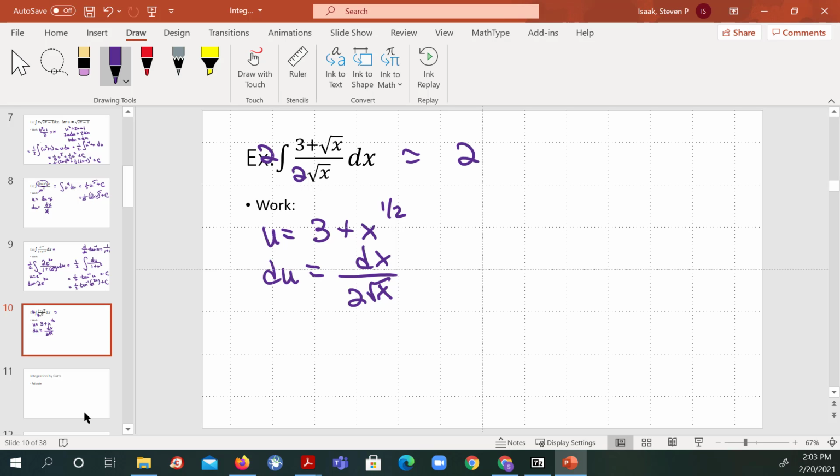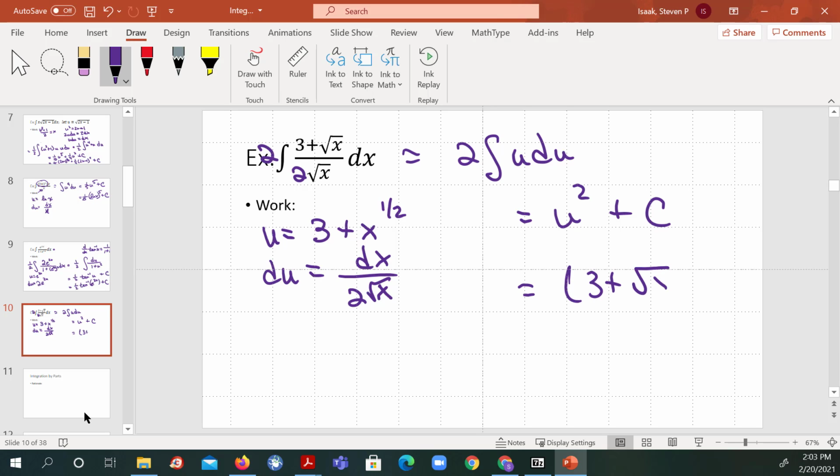So this is 2u du, which is u squared plus constant, which is 3 plus root x squared plus constant. Now, there was another way I could have done this. I could have rewritten this and integrated it. It's algebraically equivalent. It just means the constants would be way different.